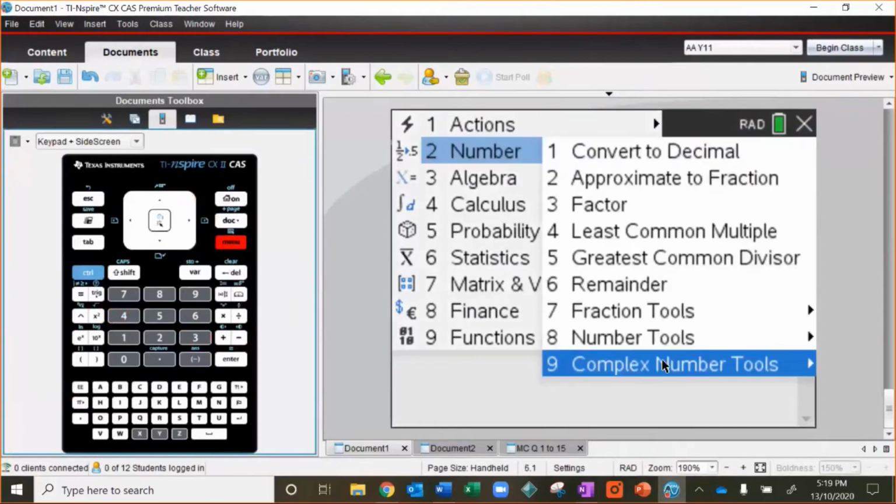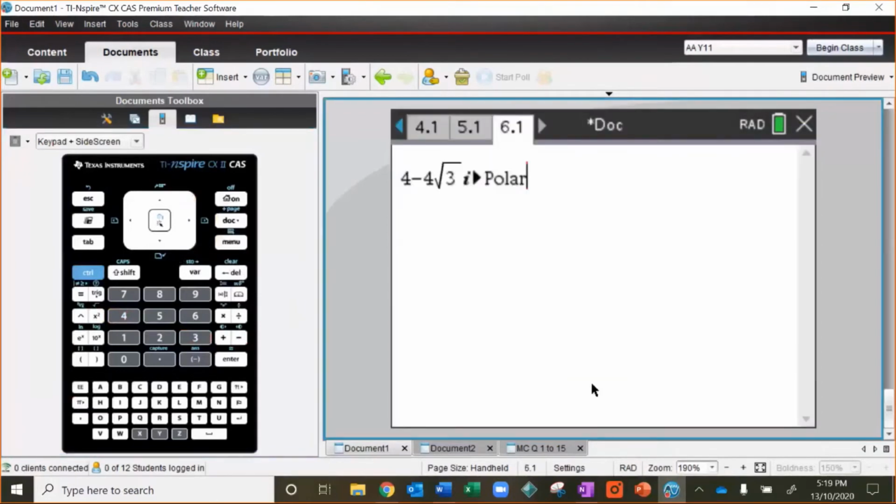So we go number, complex number, convert to polar, and that's what the calculator tells us. So the modulus is 8, so k cubed is 8. The argument is minus pi on 3, which needs to be equal to pi on m.